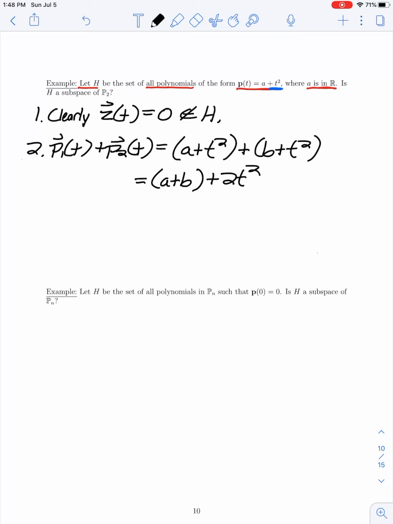We have 2t squared, so here the coefficient of t squared is not equal to 1, therefore this sum is not contained in the set H.